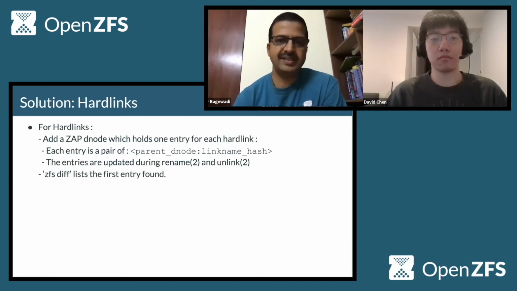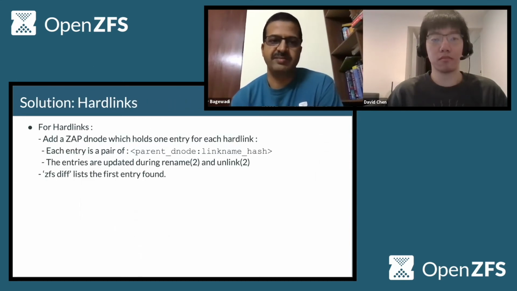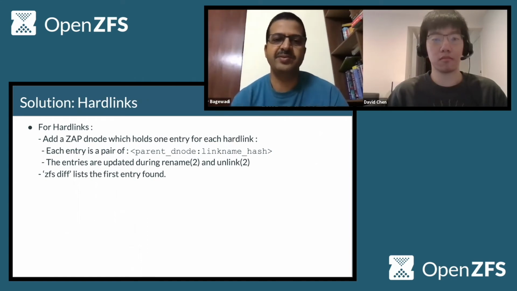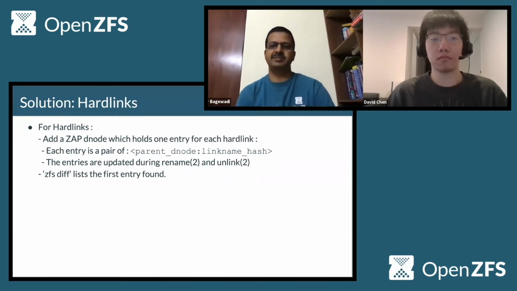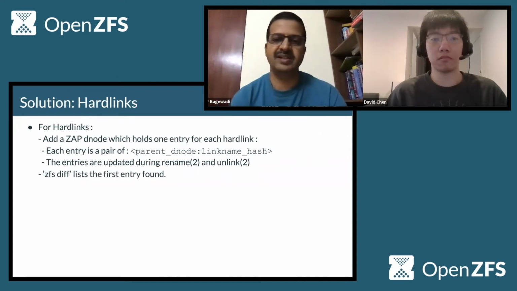For the hard links, it's a slightly longer solution because what we need is a way to store multiple pairs of parent dnode and link name hash. Depending on how many hard links are created, you'd need a larger space.